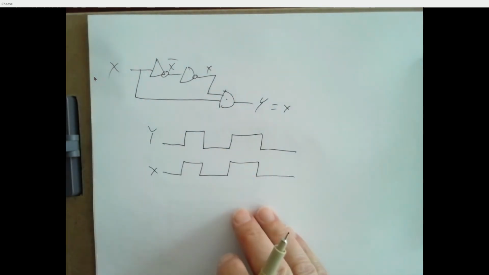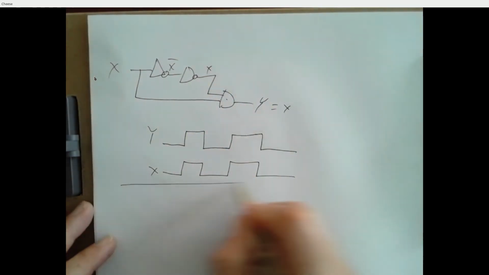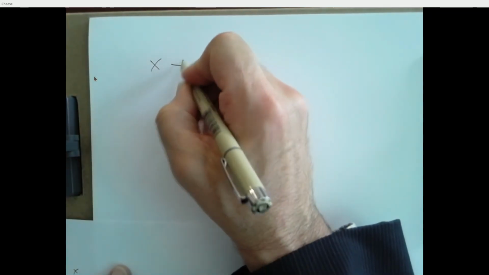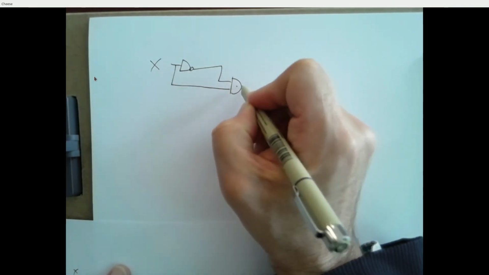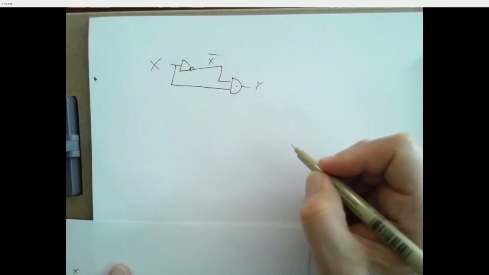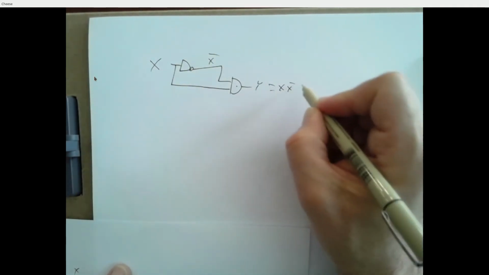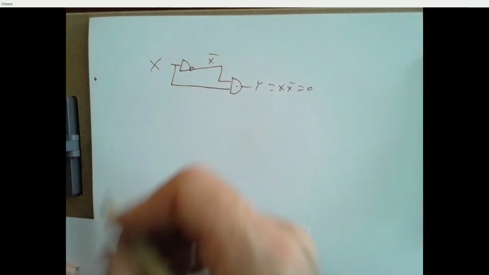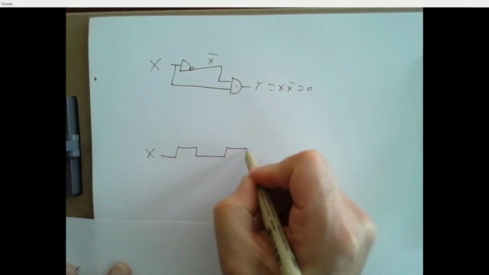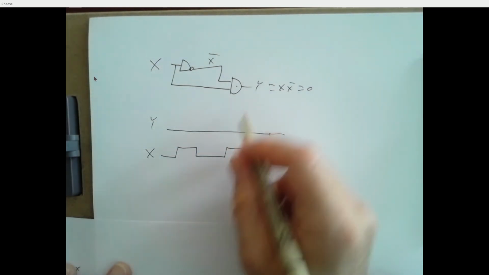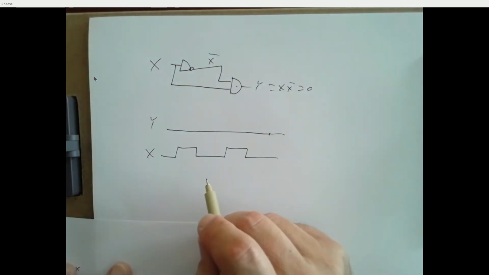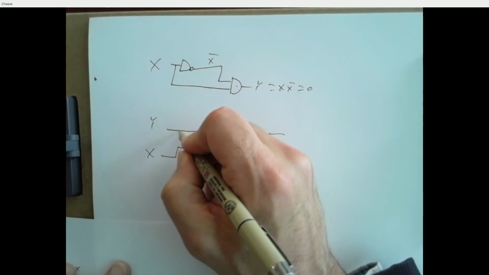But that's not a big problem per se. But if you have something like this, so y is x ANDed with x bar, that should always be a 0. So whatever x does, you'd expect y to always be 0. But that's not the case. If you map this out, you're going to see glitches. I think they're going to be on the rising edge.